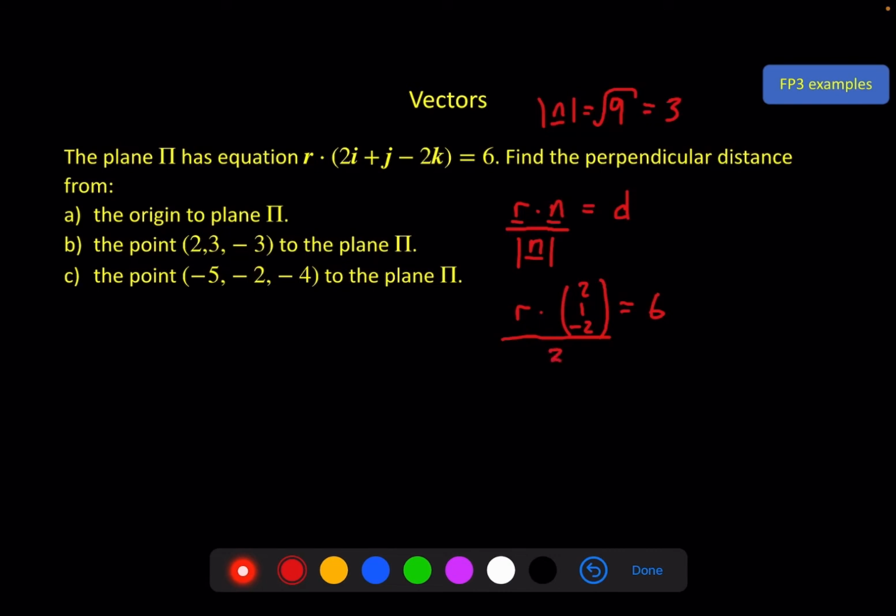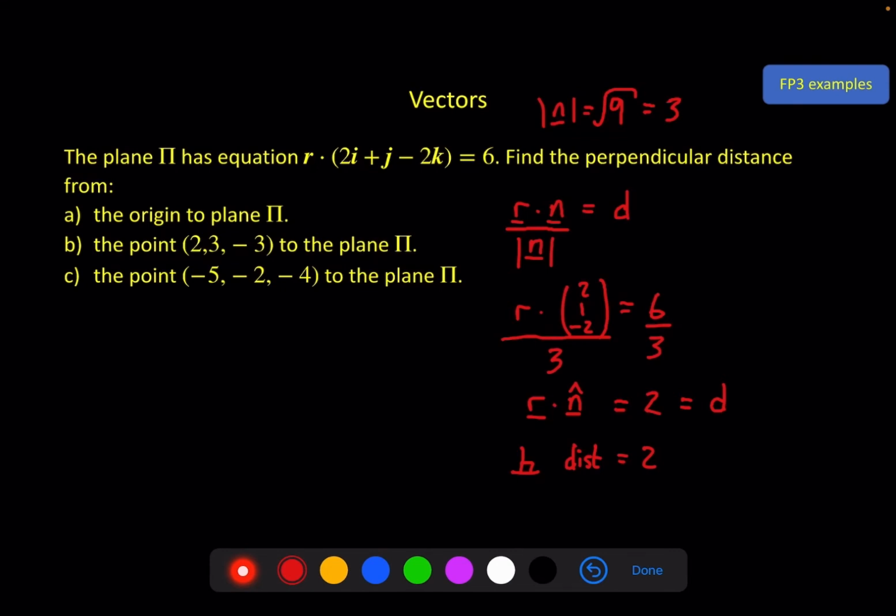So if I divide that by 3 on both sides, then I get r.n hat equals 2, and that is the distance. That is the perpendicular distance from the origin to the plane. So my answer is perpendicular distance equals 2. And it's as easy as that.